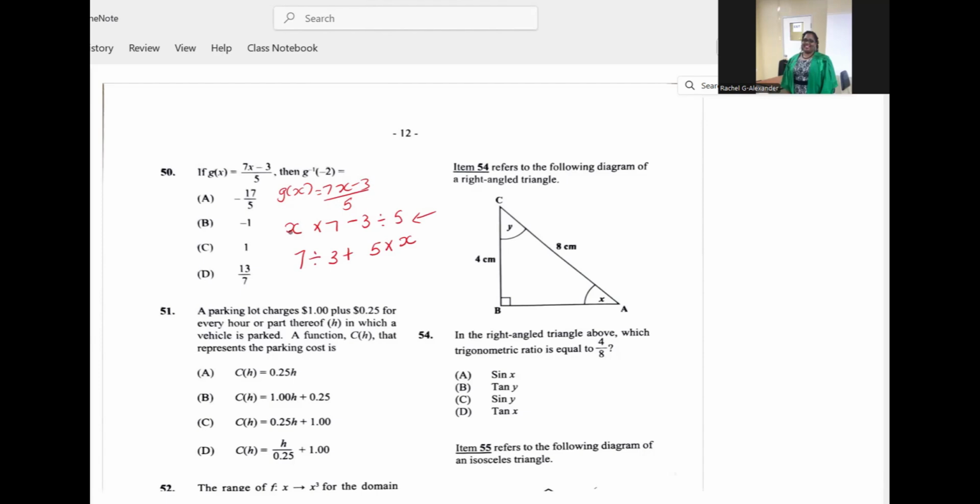So your inverse function will be 5x plus 3, divided by 7.